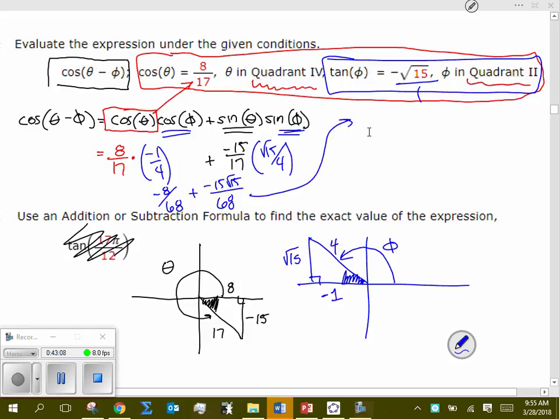And if you can write it that way, you can leave it that way if you want to. I'm just going to go ahead and write this as -8 minus 15 root 15 over 68. But for this particular problem, that is our exact value for cosine of theta minus phi.